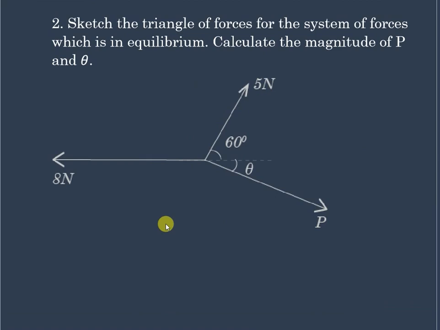This example: sketch the triangle of forces for the system of forces which is in equilibrium. Calculate the magnitude of P and theta. We can still get the triangle of forces.